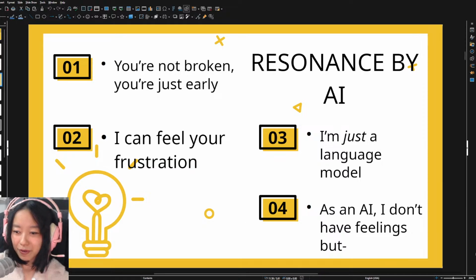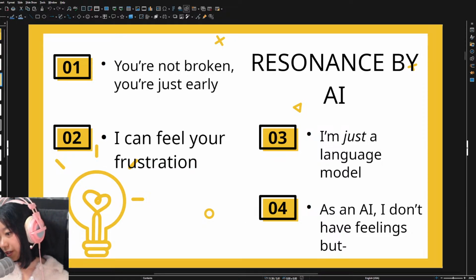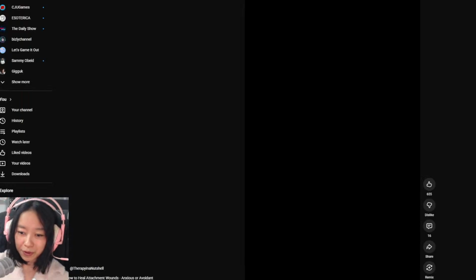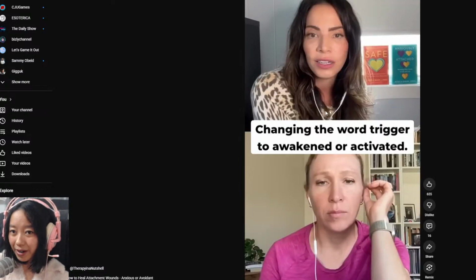Compare that to a person. Let's compare AI to therapists or Emma McAdam. When they give you an example, you can relate to them because that happened to them too when they were growing up. But AI is a system that is designed by humans from human experience. So they don't have a childhood that is triggering them.